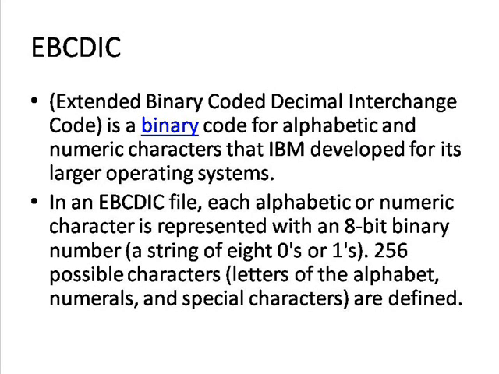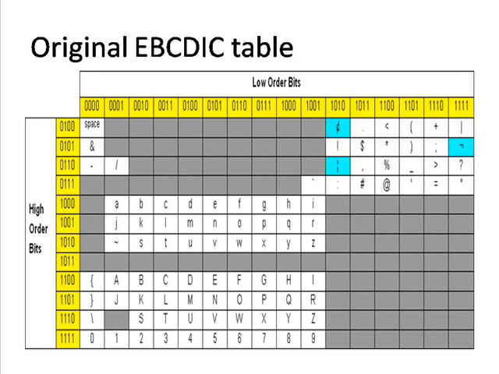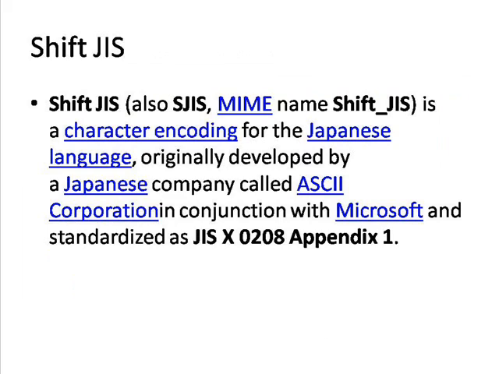Here is the Shift JIS. Shift JIS, MIME name Shift_JIS, is a character encoding for the Japanese language, originally developed by a Japanese company called ASCII Corporation in conjunction with Microsoft and standardized as JIS X 0208 Appendix 1.